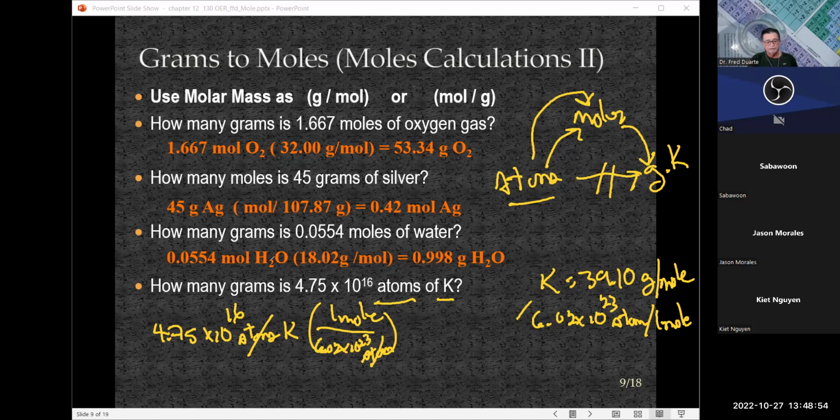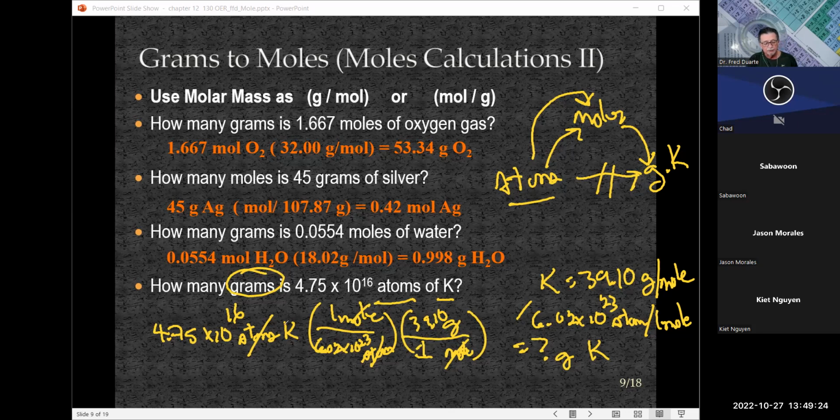But the question asked us for grams. And I forgot to put grams over here, so I won't lose sight of where I'm trying to get to. So I need one more conversion factor, which would get me into grams. I need moles in the denominator and grams in the numerator. My moles cancel. So that will be 39.1 grams in the numerator and 1 mole in the denominator.